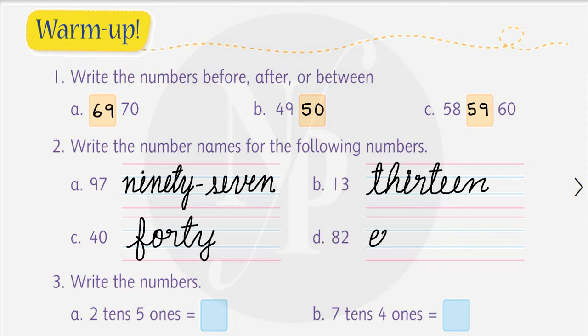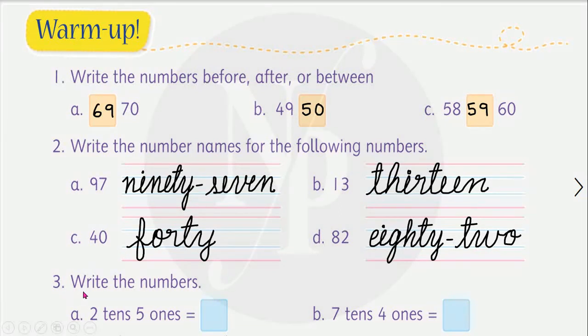E-I-G-H-T-Y. 82. T-W-O, 2. These are the number names of the given numbers.